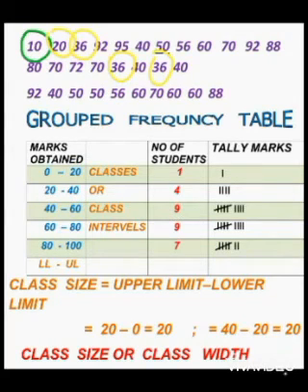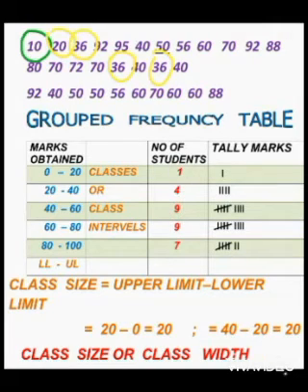Now let us represent the frequency, meaning the number of students. How many students got marks from 0 to 20? Let us find out the frequency here. For 0 to 20, we got only one student. Here the number of students is 1. Why?